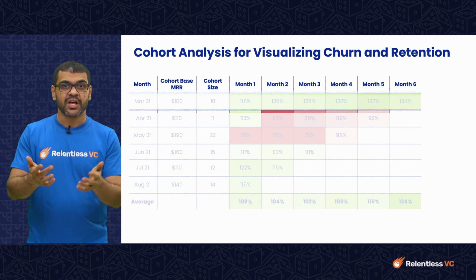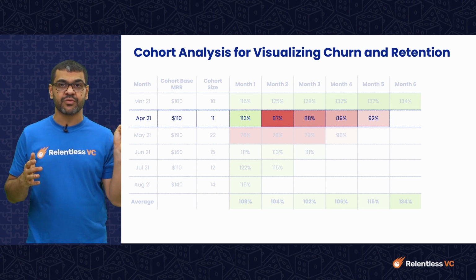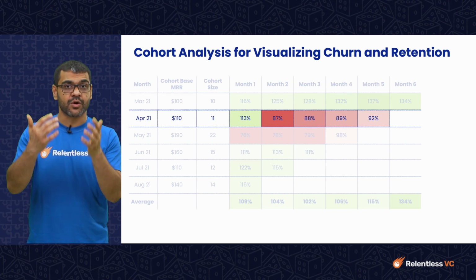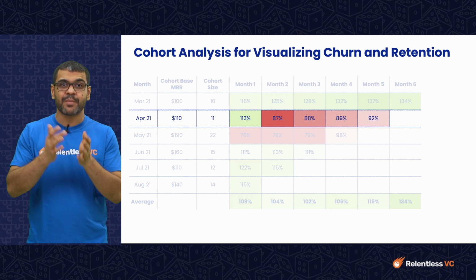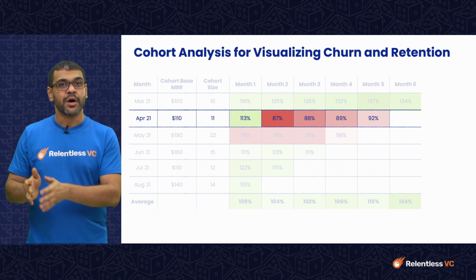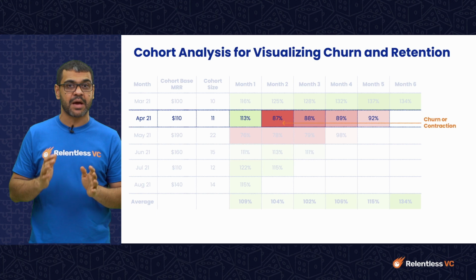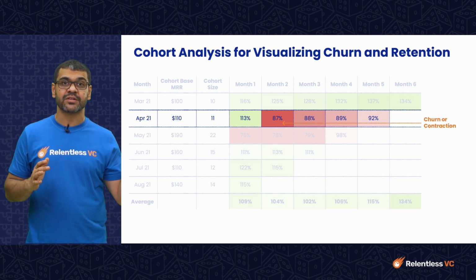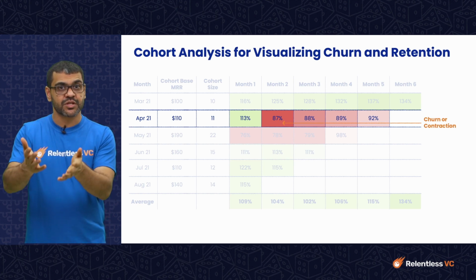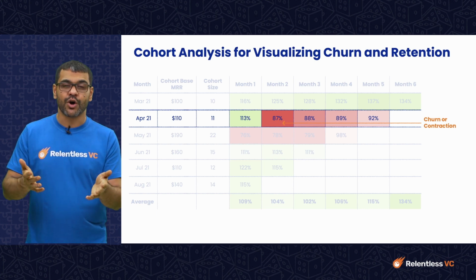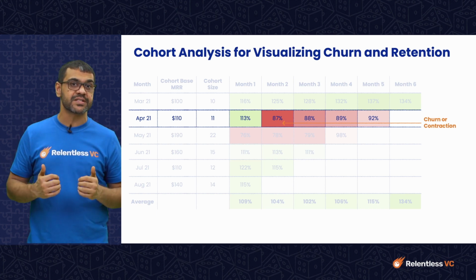For example, if we look at the row of April 21, 11 new customers were acquired in April with an initial MRR of $110, but only 87% of this MRR remained in the next month, perhaps because some of the customers from the cohort would have churned or severely downgraded their use of the SaaS.